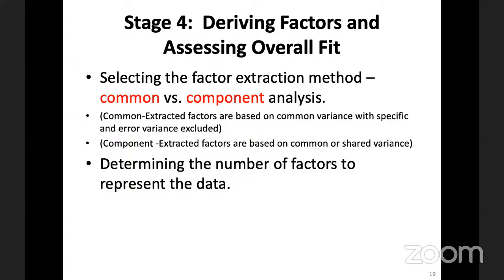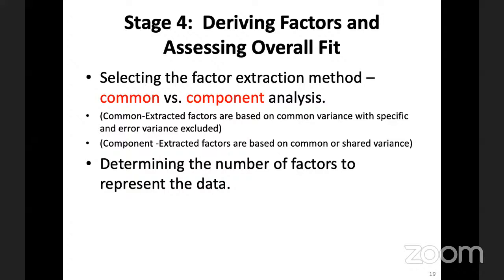When we talk about factor analysis, especially exploratory factor analysis, we have two types: one is called common factor analysis, and another is called component factor analysis. These two are differentiated on the basis of the variance they explain.